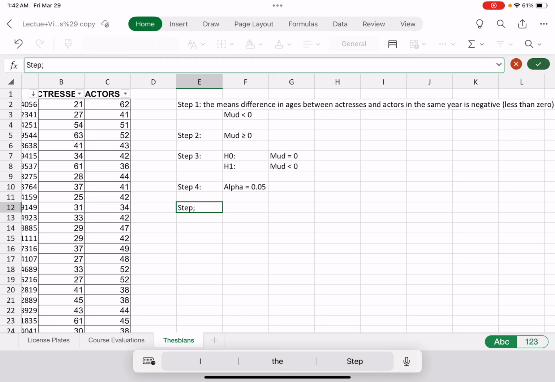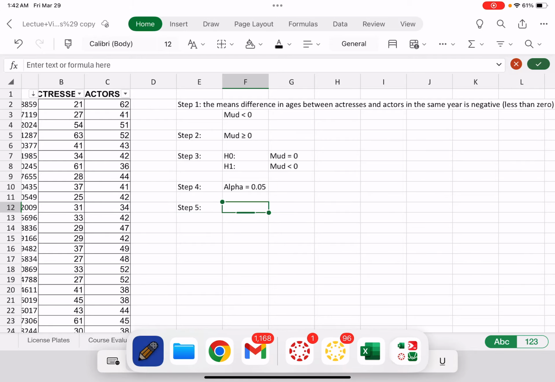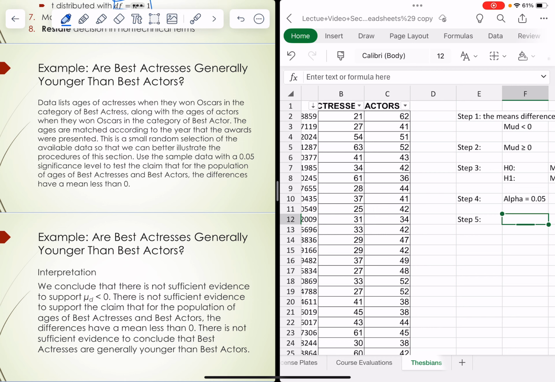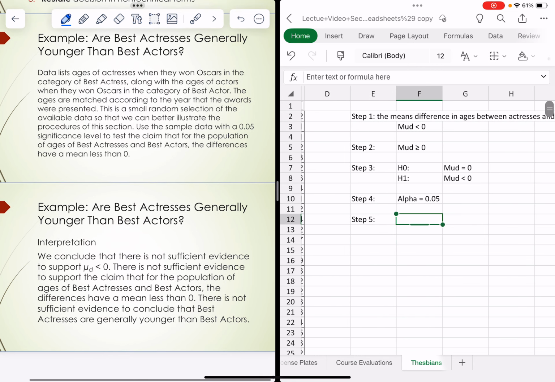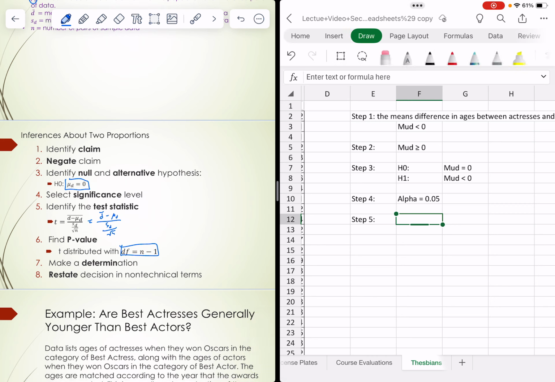Step 5 now is the test statistic. Okay. There it is. Write it in. T distributed.